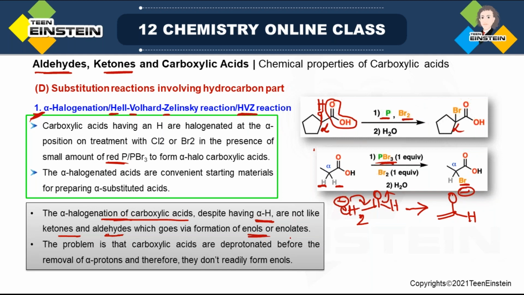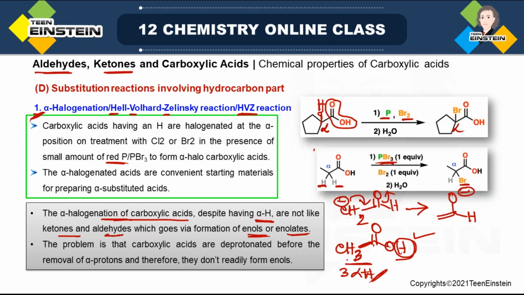So you can get enols or enolates, but this type of enol or enolate formation is not possible when it is a carboxylic acid. Now suppose you have taken CH3COOH, a carboxylic acid. You may think why the same type of enol formation is not possible here, because here there are these three alpha hydrogens and this single hydrogen of CO2H. If you consider acidity, obviously this hydrogen has higher acidity than these three alpha hydrogens.